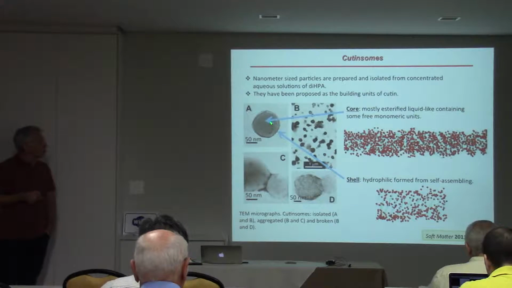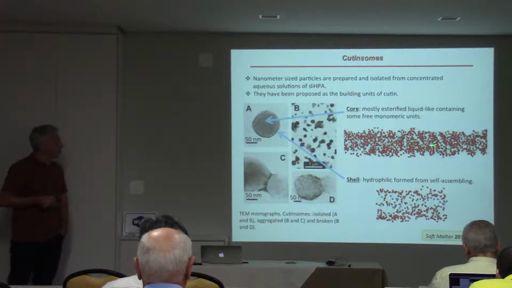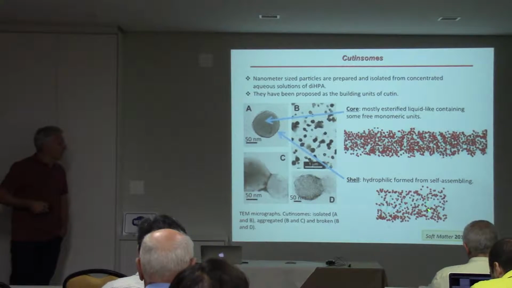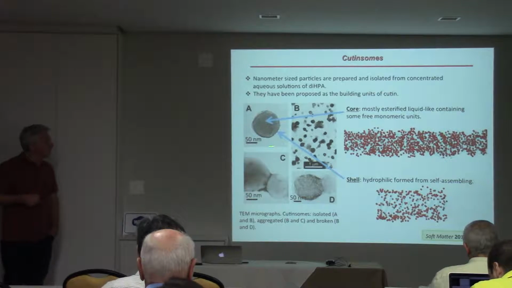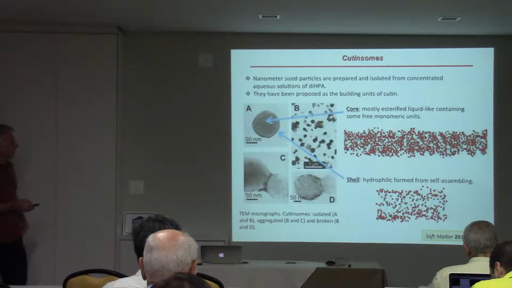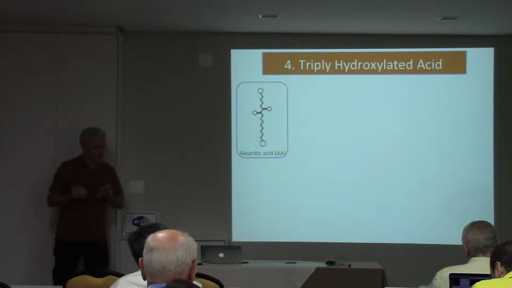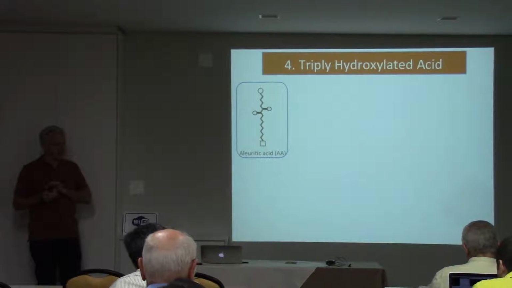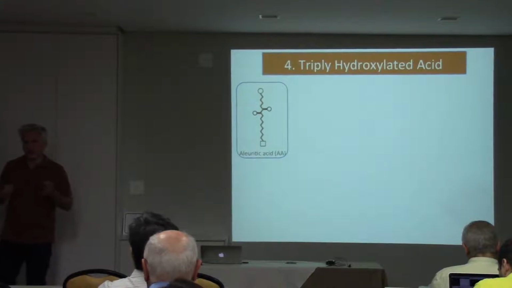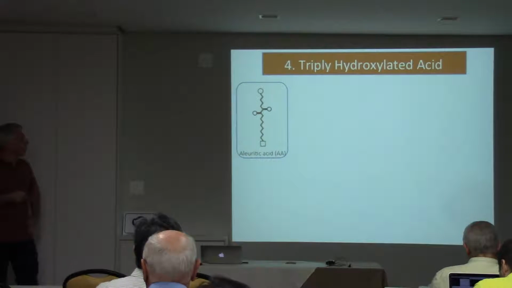Simulation also shows the structure of the interior of these nanoparticles, which is a very esterified liquid-like content, and the shell is a hydrophilic system. Well, all these results help us to suggest an artificial monomer to create the biomimetic polymer.